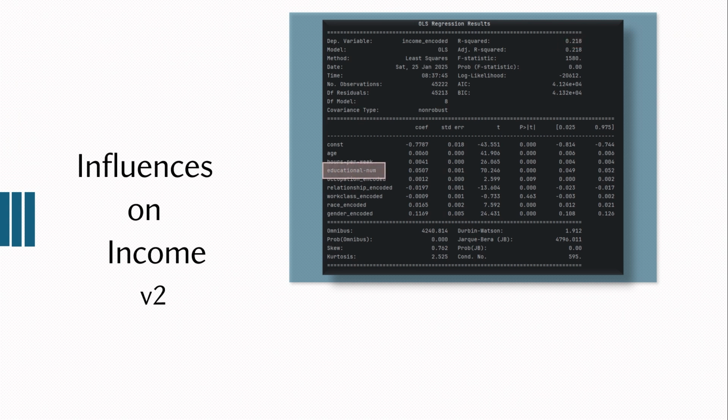And again, remember these small coefficients restricted by the binary income variable. Still some big t values though here for educational num, age, and even gender here. So gender playing a part, and hours per week playing a part in the change of our income variable.